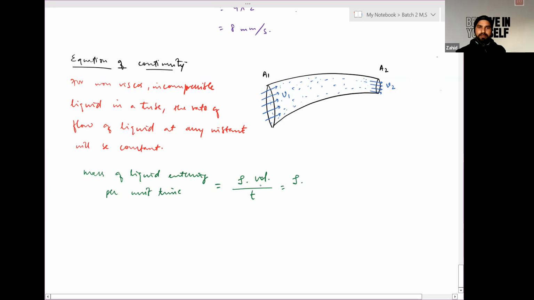Density is rho. Volume at this first end will be area of cross section times length divided by time taken. Now this x1 per unit time will be displacement divided by time, or distance divided by time. We can write it as velocity. So this will be rho A1 V1. Let's say this is equation 1.